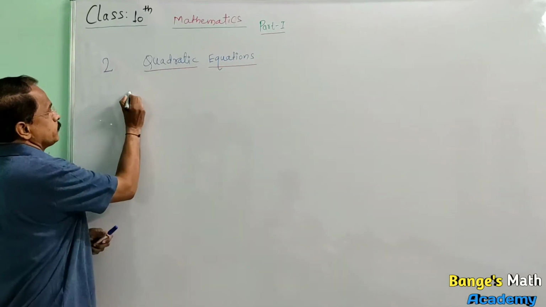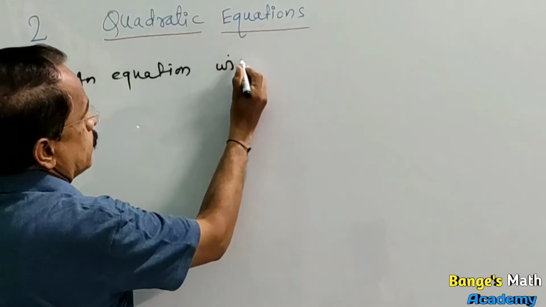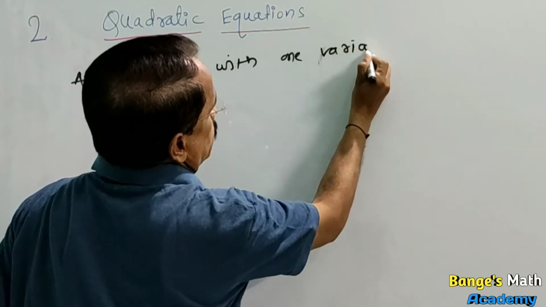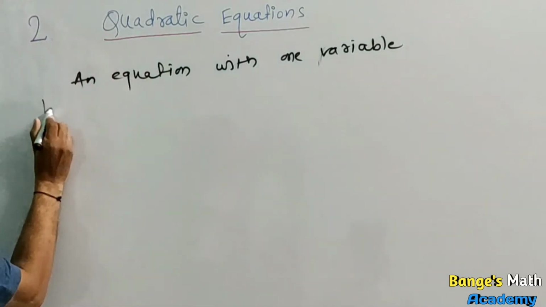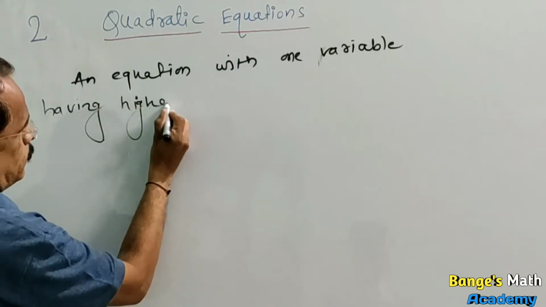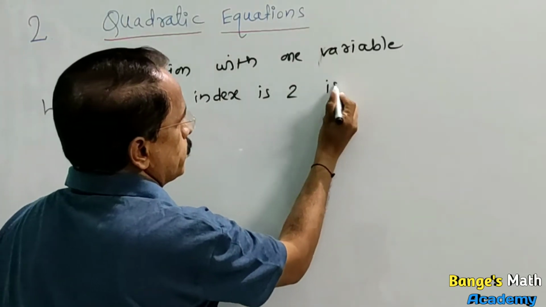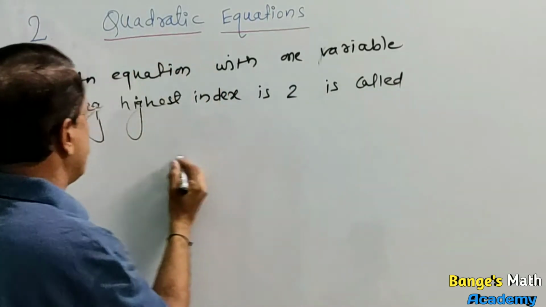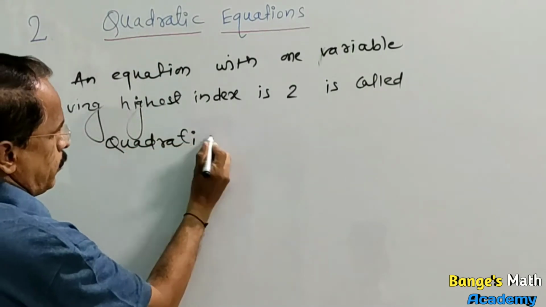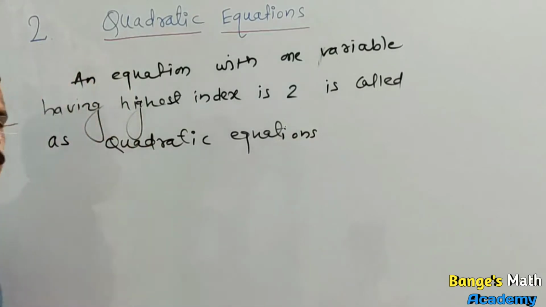A quadratic equation means an equation with one variable having highest index 2 is called a quadratic equation.